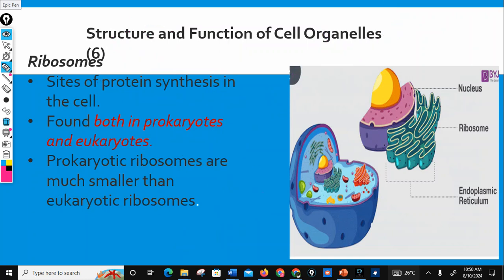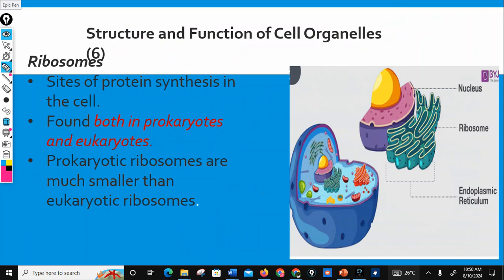Prokaryotic ribosomes are much smaller than eukaryotic ribosomes, all right? Because of course the eukaryotic cell is much larger than the prokaryotic cell, as we discussed earlier.